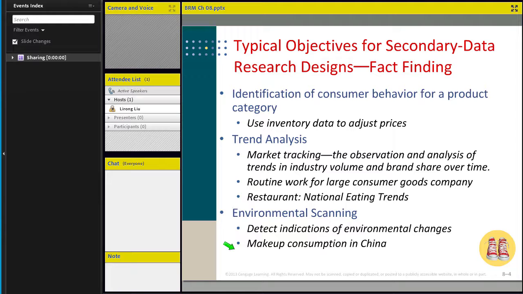Makeup consumption in China. I remember 20, 30 years ago, not many people in China were using makeup. And at that time, if makeup companies like Maybelline were thinking about selling products to China, that may not have been good timing, because people in China did not appreciate the use of makeup, and they always thought that it destroys the skin.